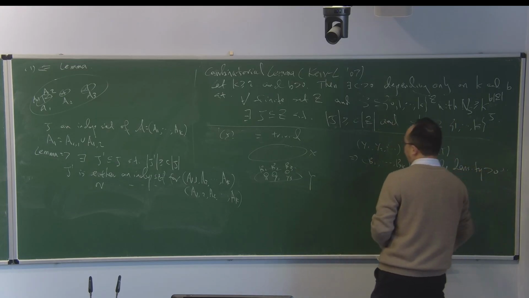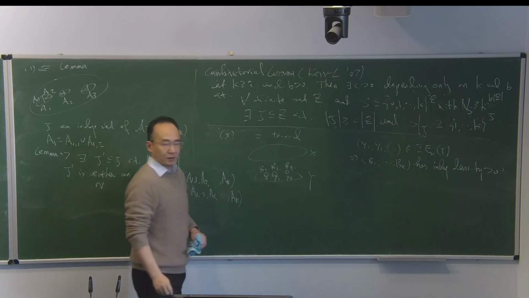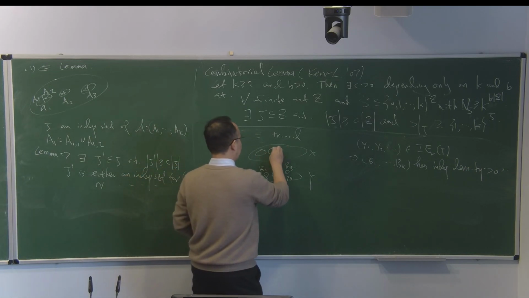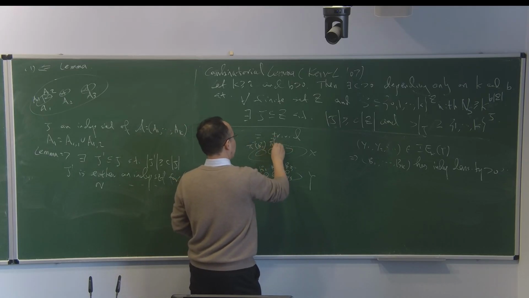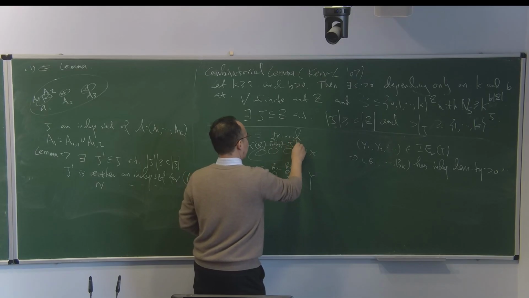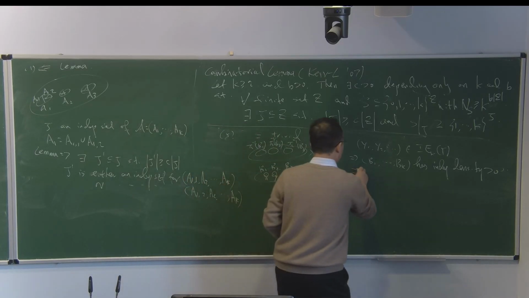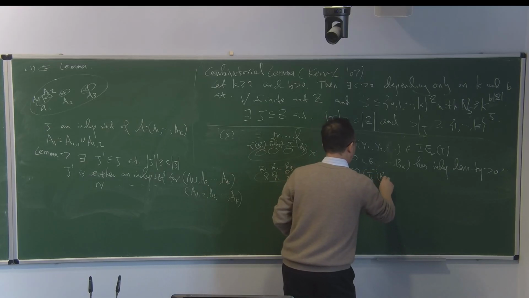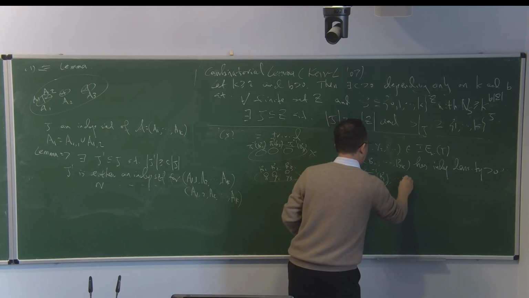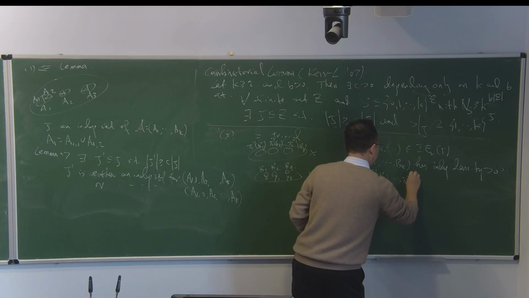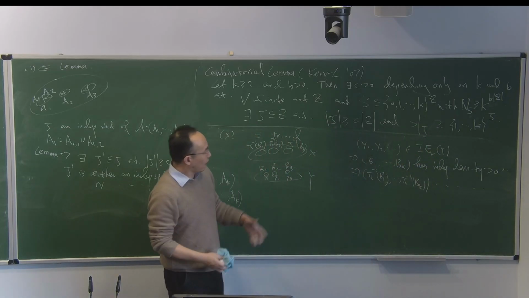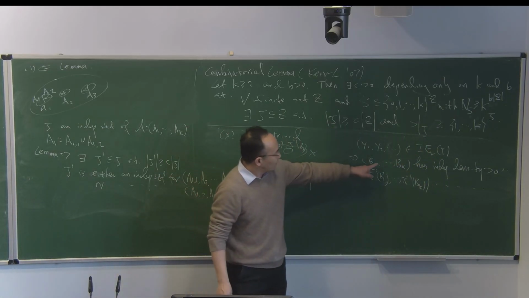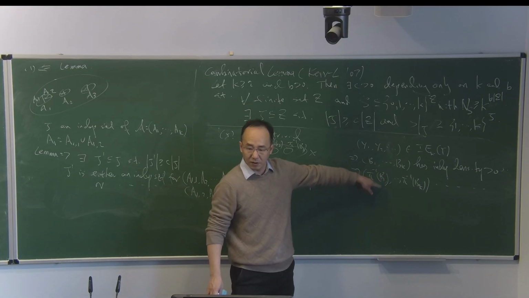Then you put back to x, so you get pi inverse B1, pi inverse B2, pi inverse B3 and so on. This is just because they have the same independent sets. Easy to check that.